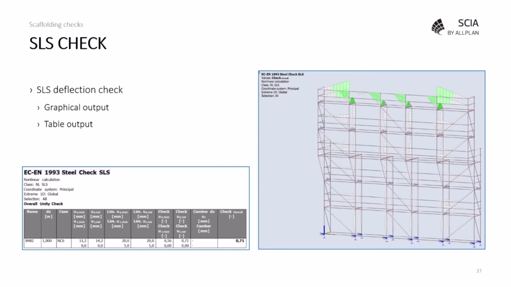There's not an extensive or a detailed table output available because we only take the relative deformation, that's important, from the finite element analysis, and we compare that one with the limit that you define in the steel settings or in the buckling groups.